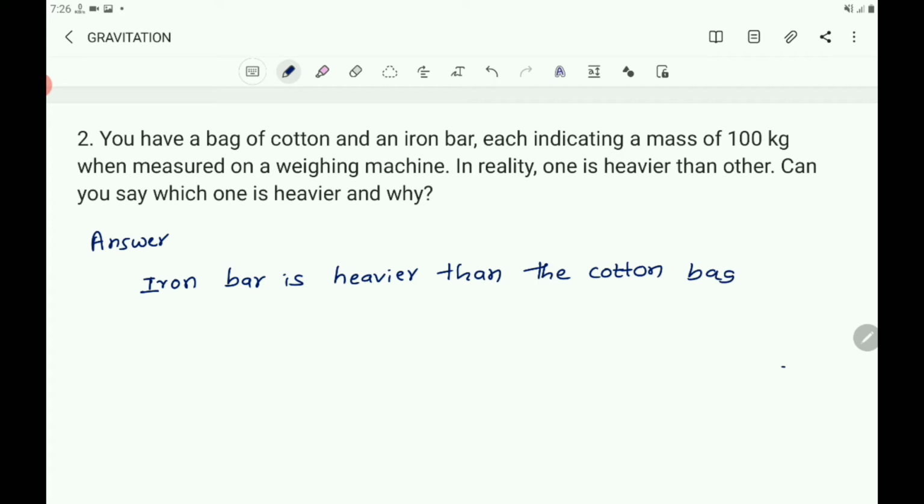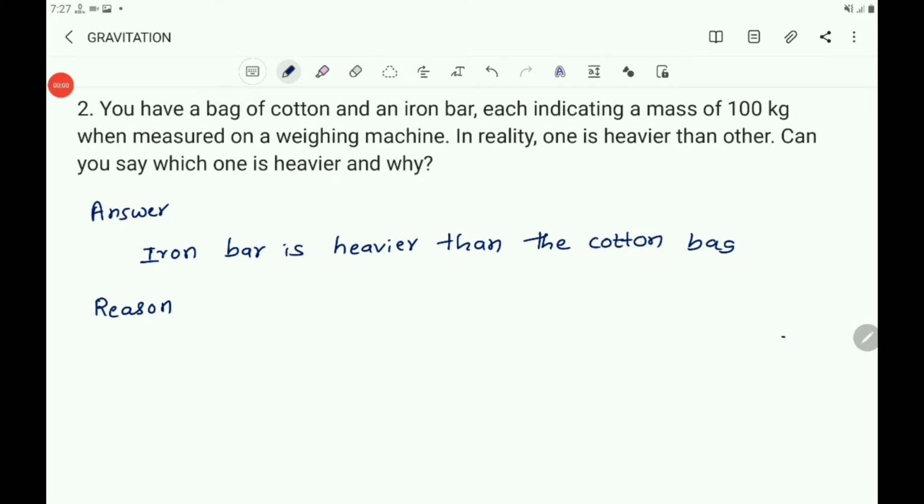And the reason. Why is it that they are having the same weight, but the iron bar is heavier than the cotton bag? What is the reason here? Even though both of them are having the same weight, the iron bar will have lesser surface area and hence will apply more pressure on holding. So it feels heavy.